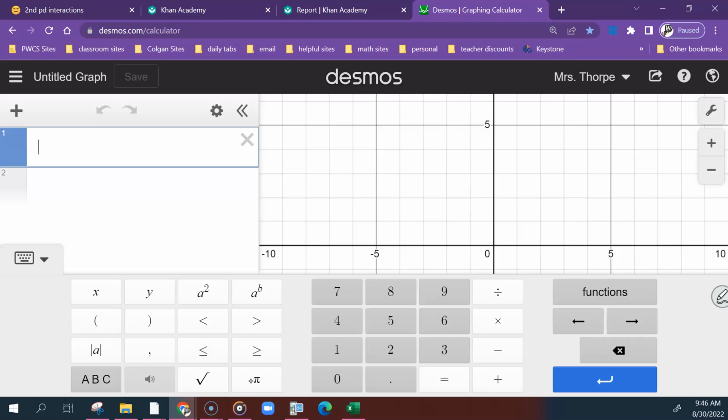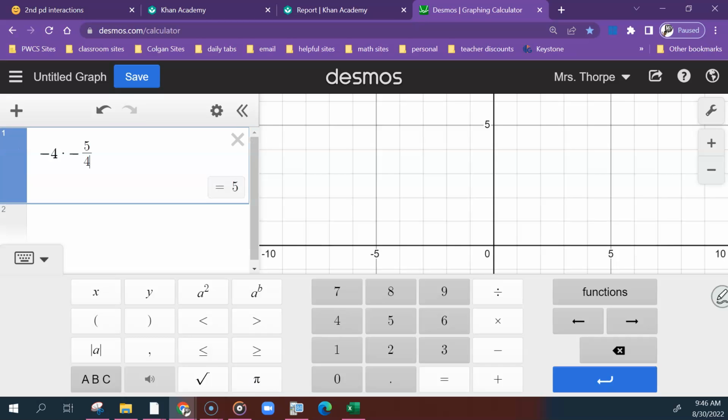You can use this keyboard and just type them in, or if you're using your own keyboard, you can just type them in. Because the division, it'll automatically make it a fraction, and it will tell you what that answer is. So use Desmos at home, unless you have your own calculator to help you with those.